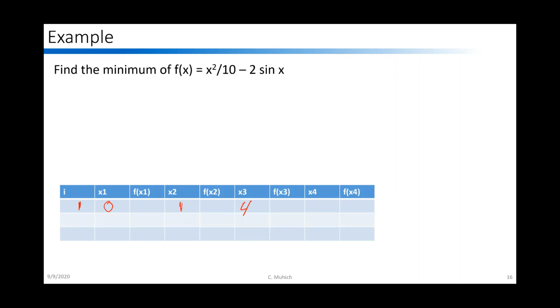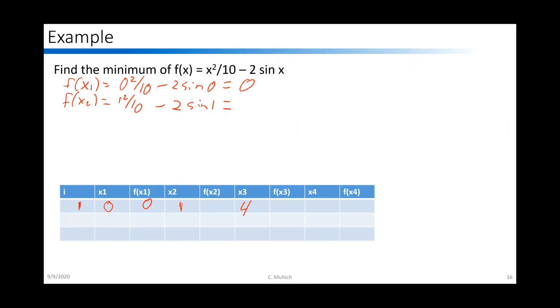So now we need to calculate what f of x1 is, which is, of course, f of 0. If I plug 0 in, I've got 0 squared over 10 minus 2 sine of 0. This is going to be 0. So I can put that down here with f of x2. In this case, x2 is 1, so I have 1 squared divided by 10 minus 2 times the sine of 1.